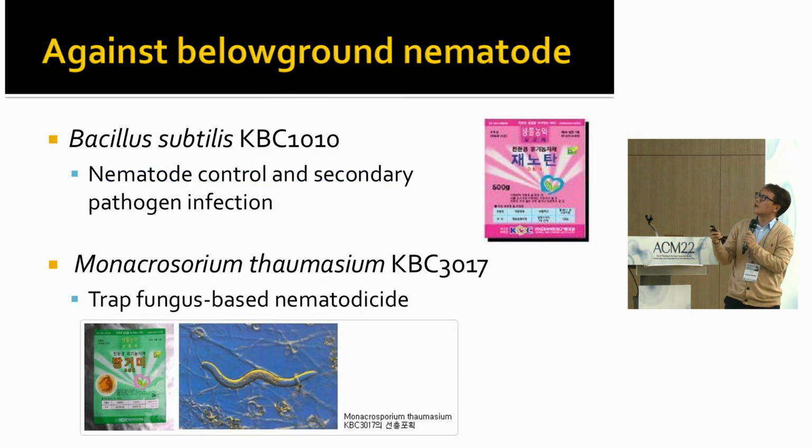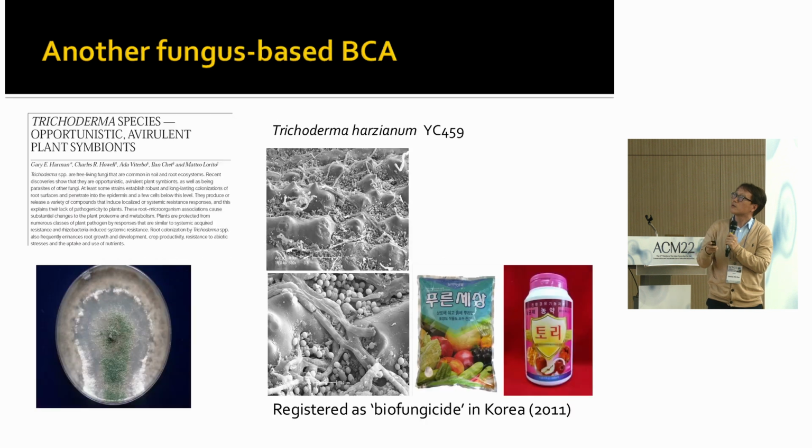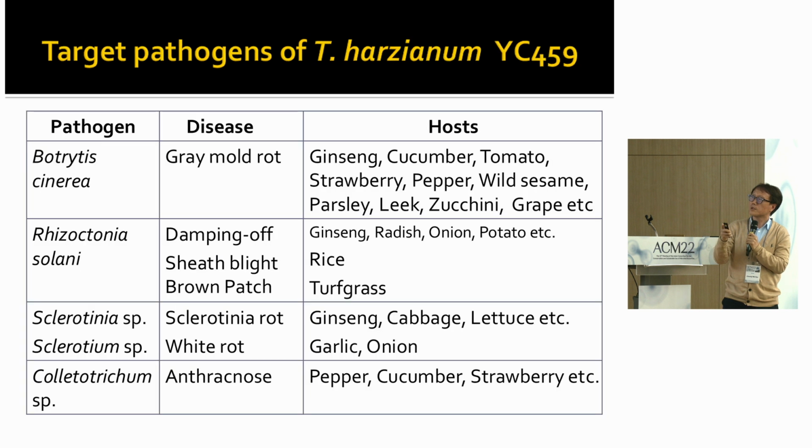We also target many nematode problems. We have Bacillus subtilis and also a Monacrosporium product. This is also working well outdoors. We also have some fungi products like Trichoderma that are also working well.